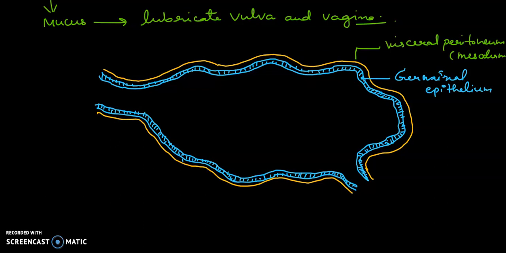Next to the germinal epithelium is another layer called the tunica albuginea. There is a single layer of germ cells, and outer to these germ cells is a layer called the tunica albuginea. This is the layer I am making with a red color.